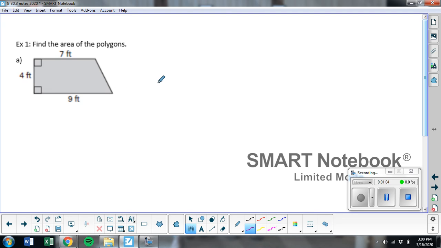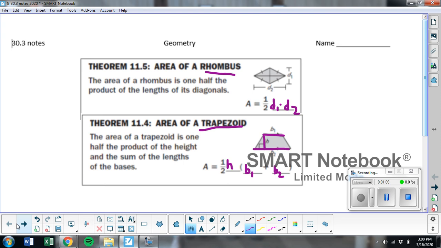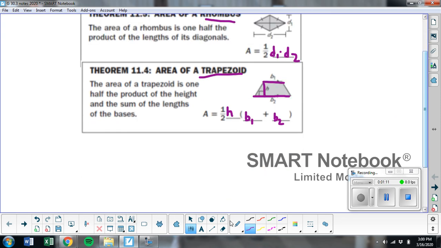So question number 1, find the area of the polygon. So you're going to write your formula again. Just copy this one.